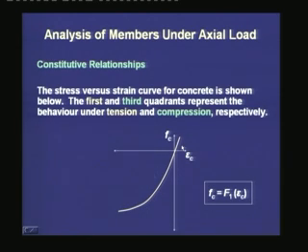Now, once we have these two equations in hand, we can write this generic expression Fc is equal to F1 of epsilon c. That means for positive values of epsilon c, we are using the linear elastic relationship. For a negative value of epsilon c, we are using the relationship for concrete under compression.